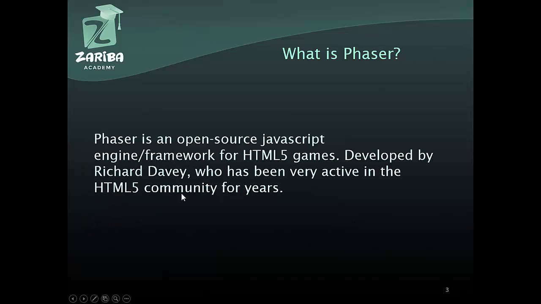So let's get started. What is Phaser? So Phaser is simply an open source JavaScript. You can call it an engine, like a game engine or a framework or a library. It doesn't matter, but it's just something like a framework that allows you to do HTML5 games.